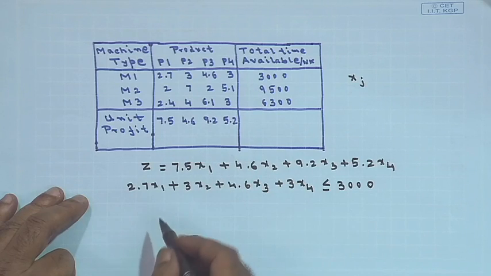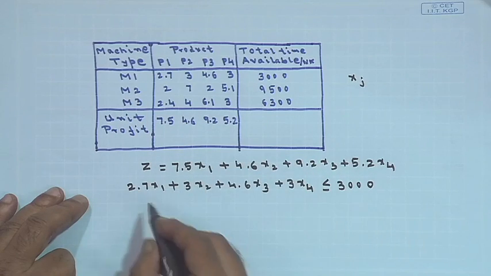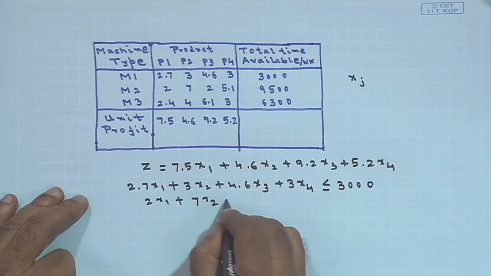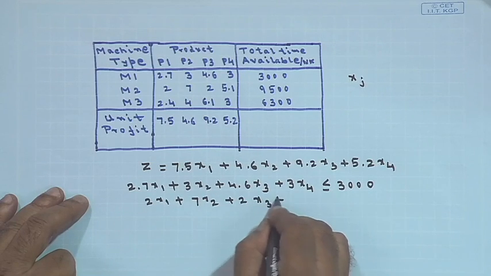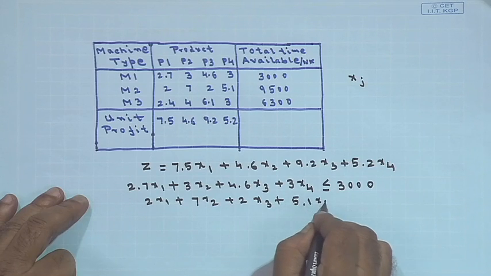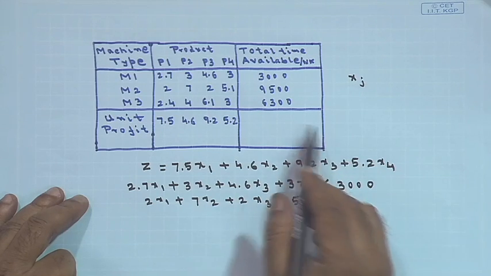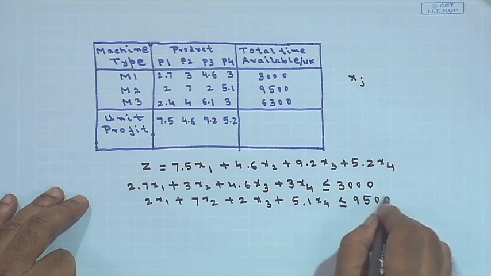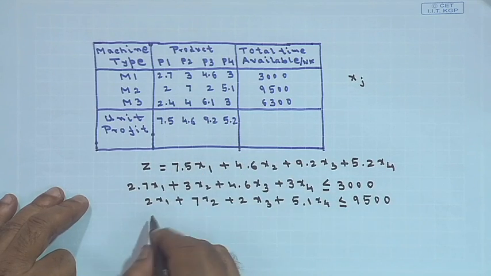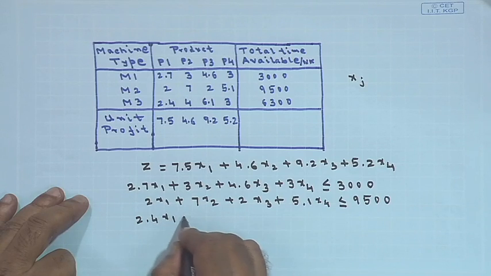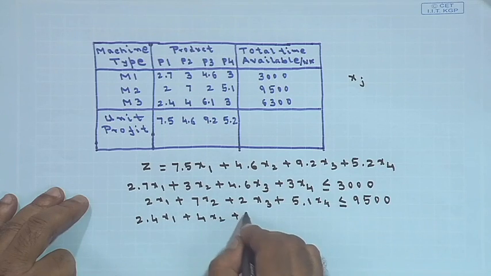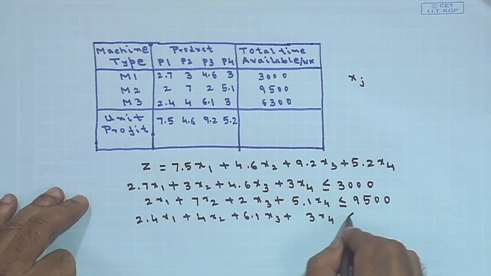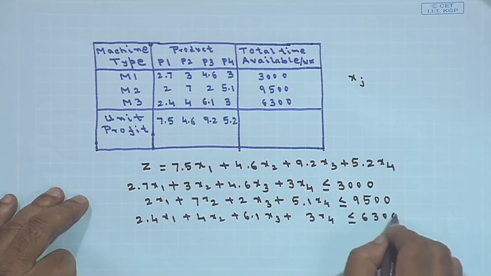Similarly, I can create another one for the second row, that is for machine M2: 2 x1 plus 7 x2 plus 2 x3 plus 5.1 x4, which should be less than or equal to 9500. And for the third machine it is 2.4 x1 plus 4 x2 plus 6.1 x3 plus 3 x4, which is less than or equal to 6300.